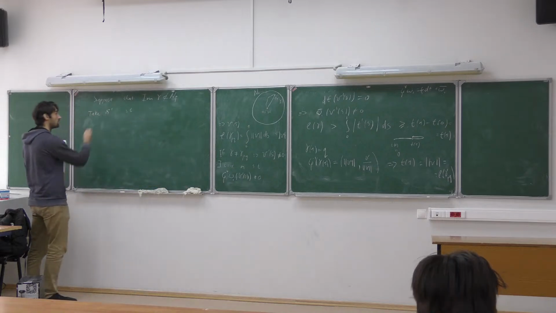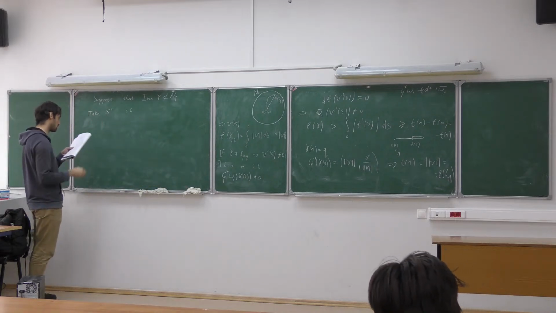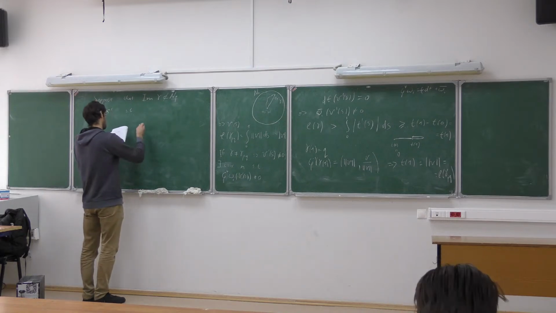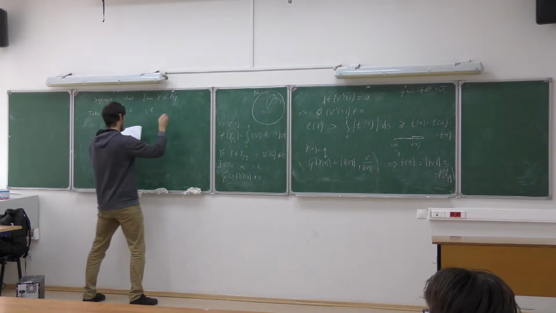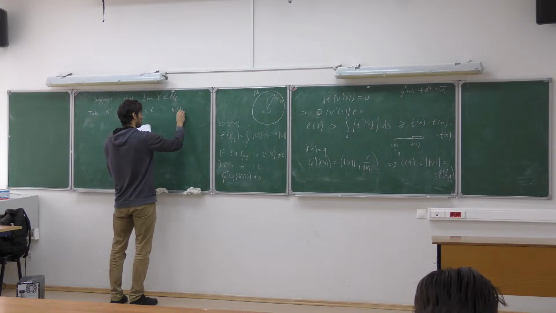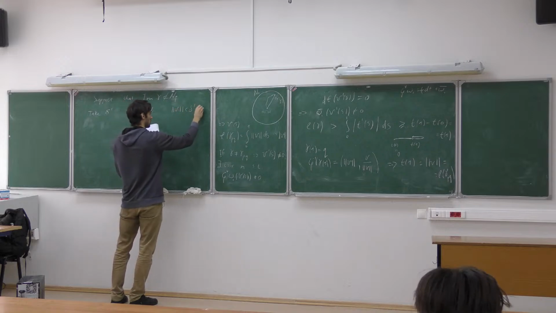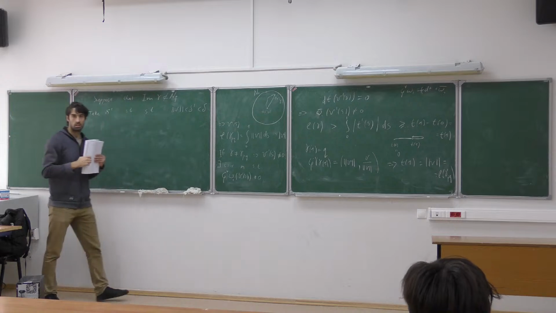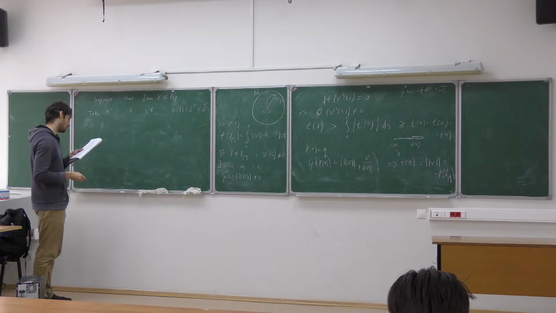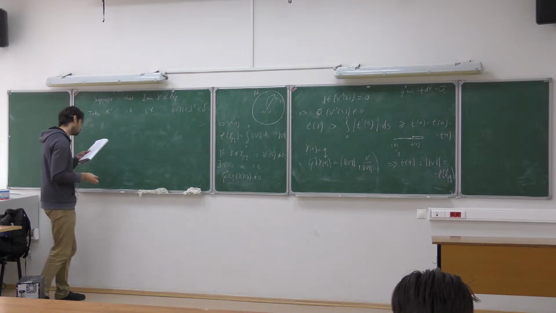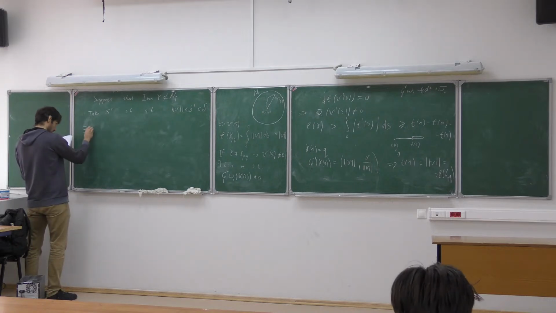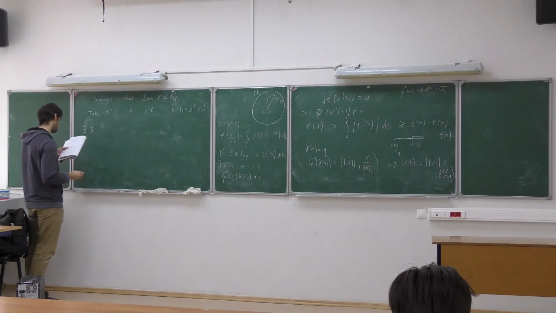Okay, so the proof goes like this. I can take delta prime such that it's between the norm of V and delta, right? Well, there exists some value of parameter.